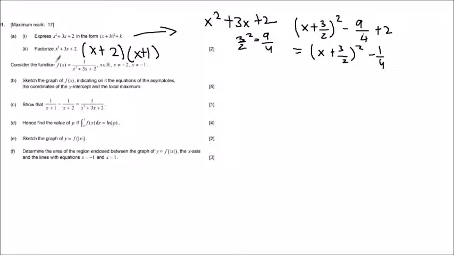So consider this rational function. Sketch the graph, indicating on it the equations of the asymptotes, the coordinates of the y-intercept, and the local max. Okay, let's go. This is a really easy algebra question. I can do this.